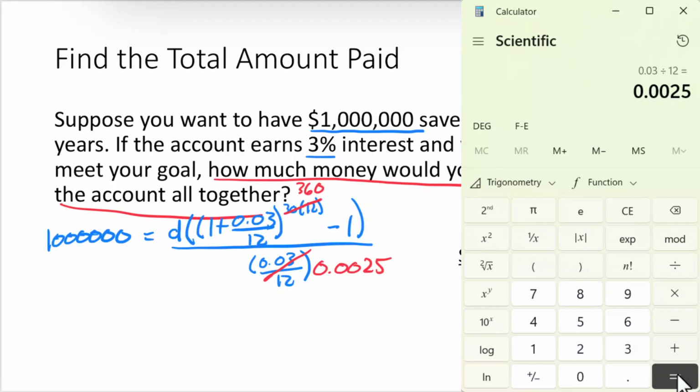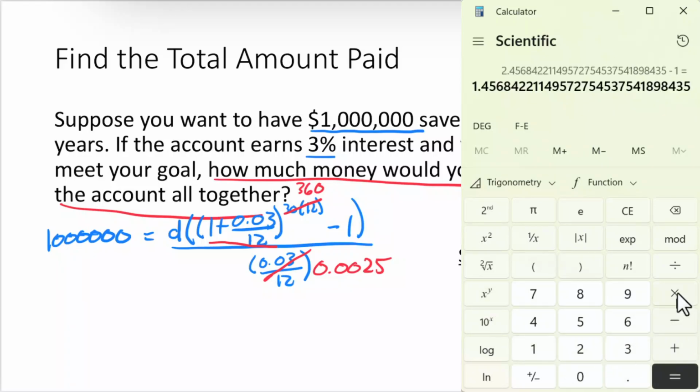So I'm going to start at my innermost parentheses, and I've already divided 0.03 by 12. So I'm going to add 1 to that decimal. Then I'm going to raise that decimal to an exponent of 360. And then I'm going to subtract 1. And then I'm going to divide by this decimal that I calculated earlier, the 0.0025.